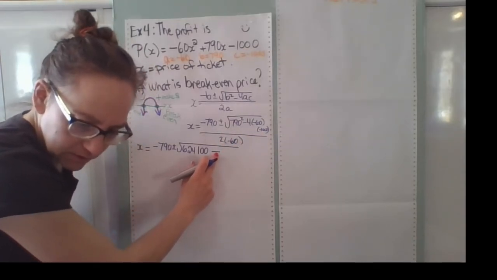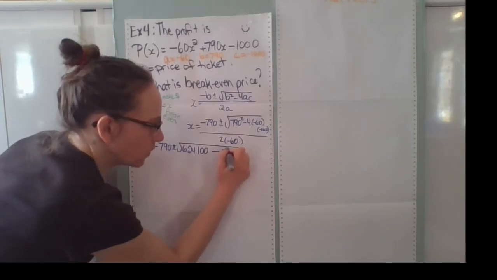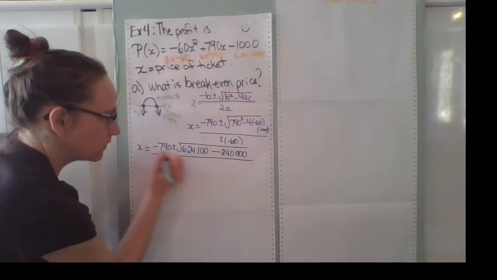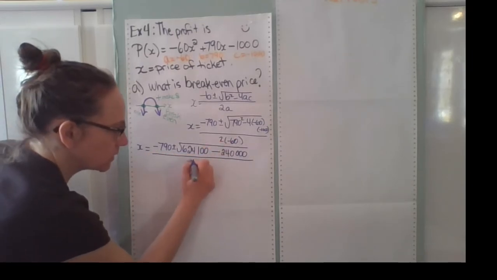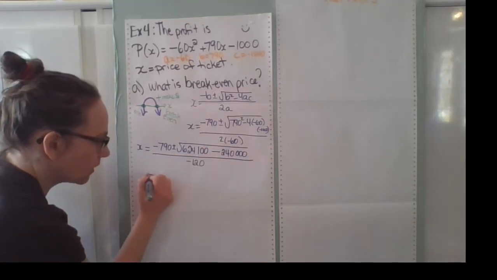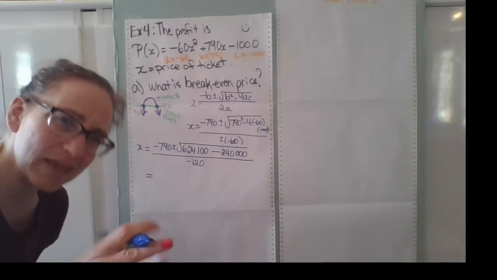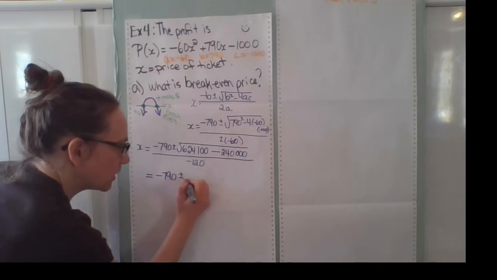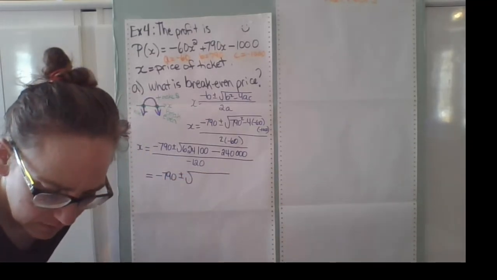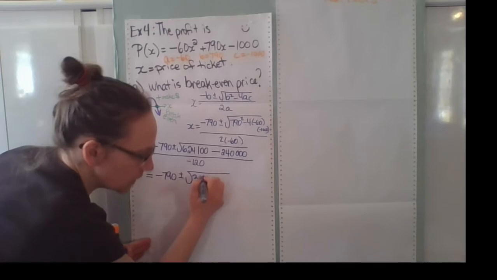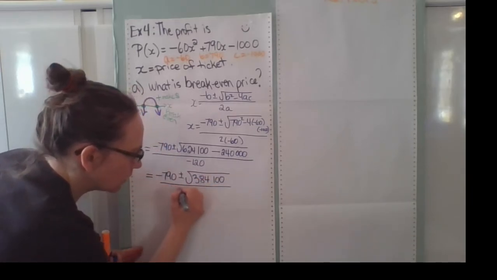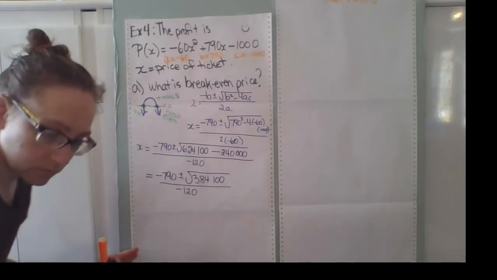And 4 times 60 times 1,000 gives me 240,000, all divided by 2 times negative 60, which gives me negative 120. They're big numbers, but that's okay. We got this. Negative 790 plus or minus the square root of, that all simplifies to 384,100, all divided by negative 120.